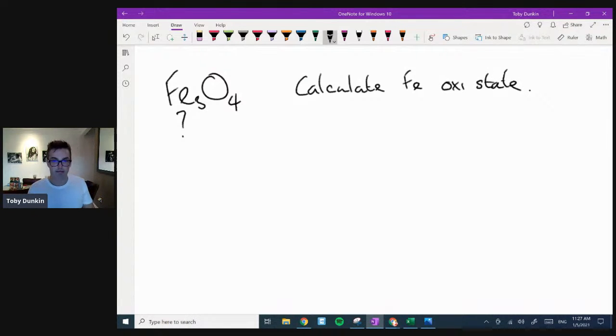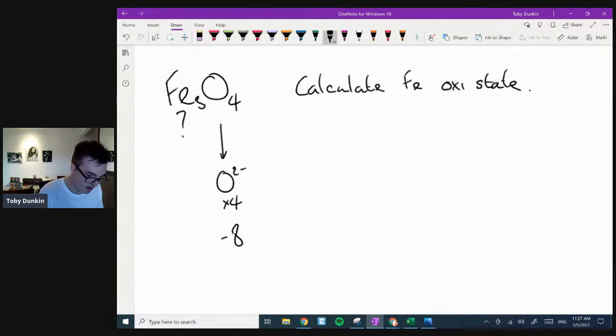That's all it said. And on the mark scheme: O2 minus times 4 is minus 8. Iron, no overall charge, plus 8, divide by 3. Final answer, 8 divided by 3. The answer on the mark scheme was 2.66 or 2.67.